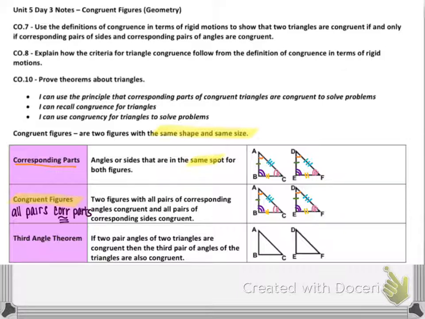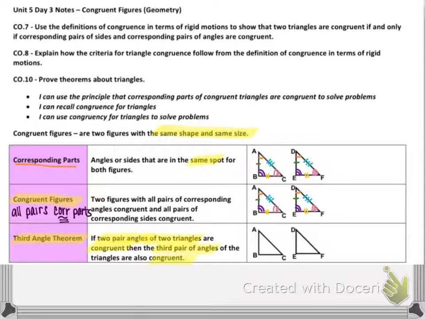Now this last theorem comes in handy a lot for this unit and for the next unit. So the third angle theorem: if two angles of two triangles are congruent, then the third pair are also congruent.